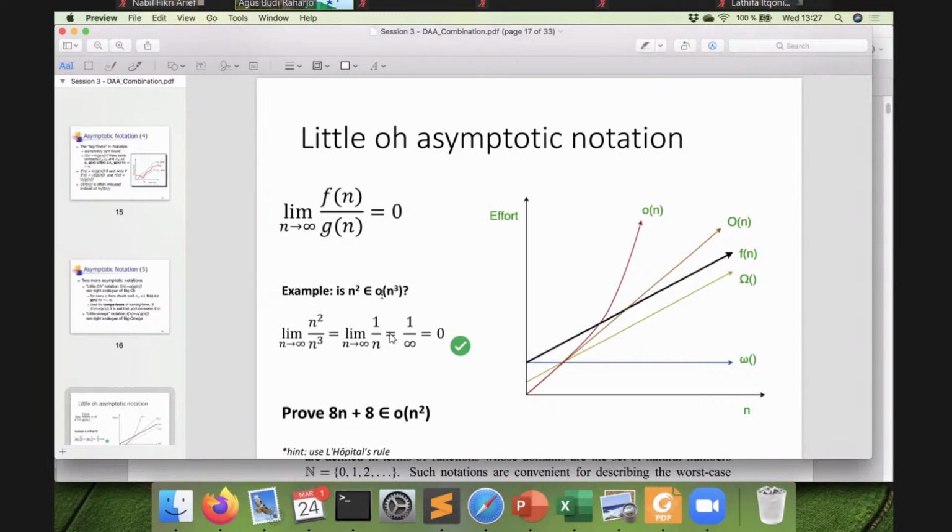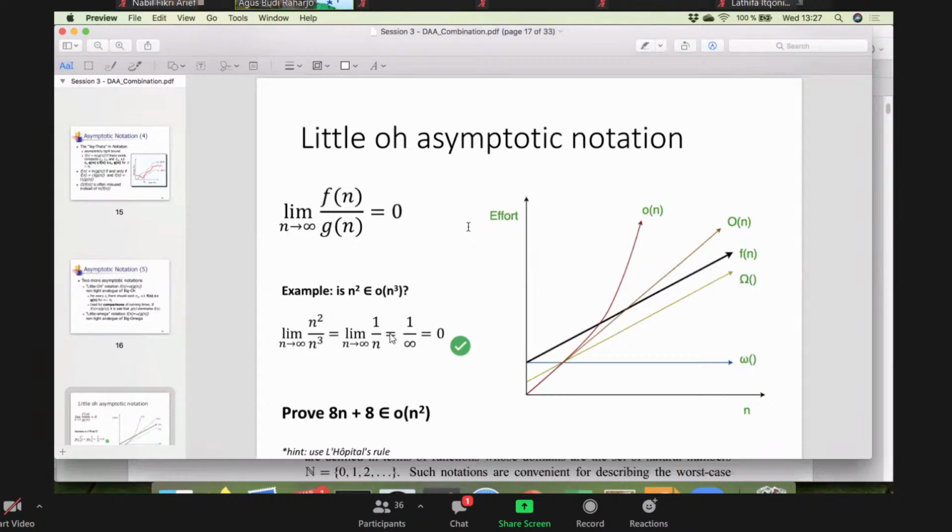So if there is an equation like this, is n squared an element of the set of little omega? Actually, all of these functions are elements of a set, so it's easier to explain through set theory. So it's an element of little o of n cubic.